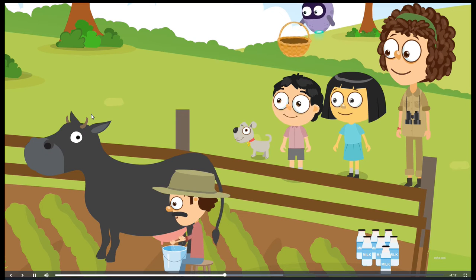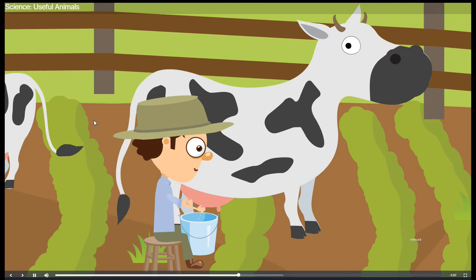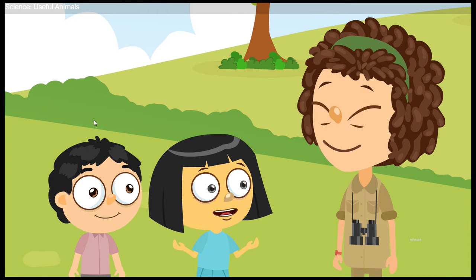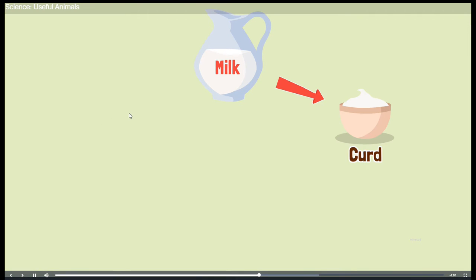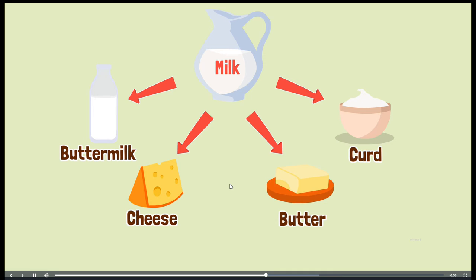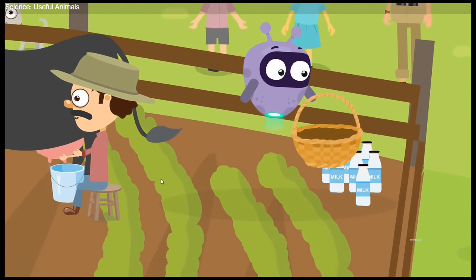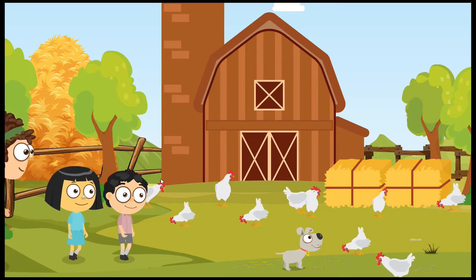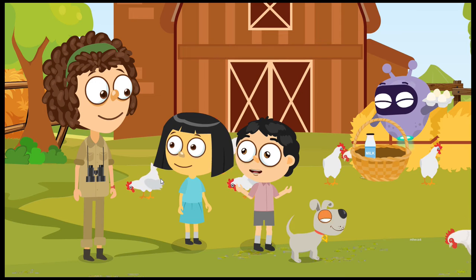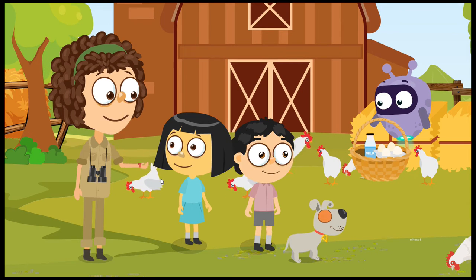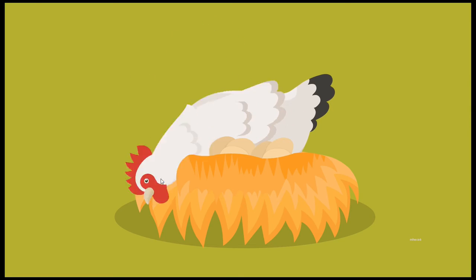What's happening here? They are milking buffaloes and cows. Is this how we get milk? Yes, and from milk we make curd, butter, and cheese. Amazing! Where did Zero get the eggs from? From the hens. Thanks to the hens, we can have eggs now.